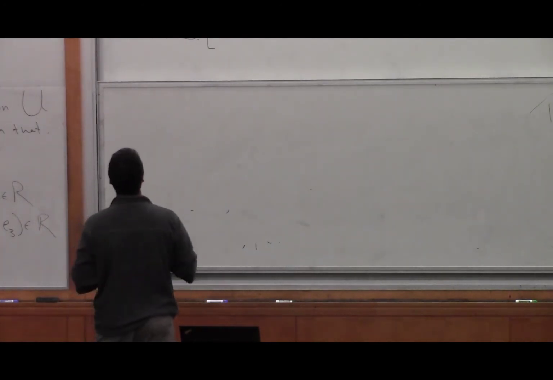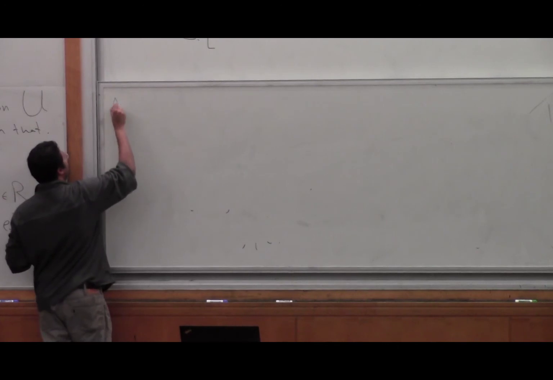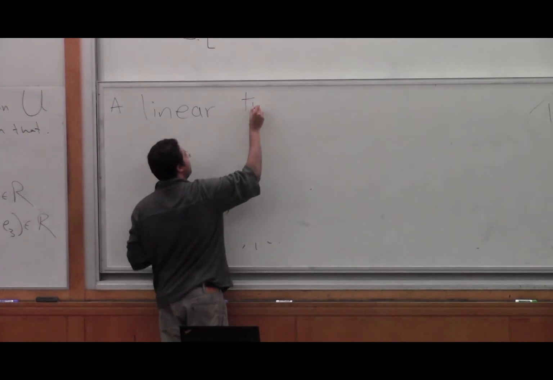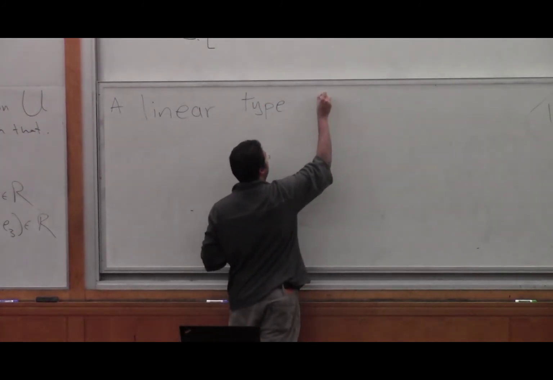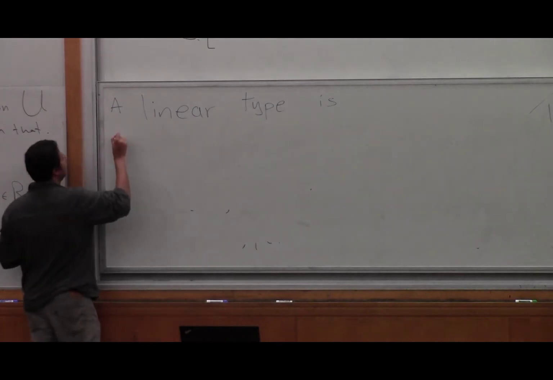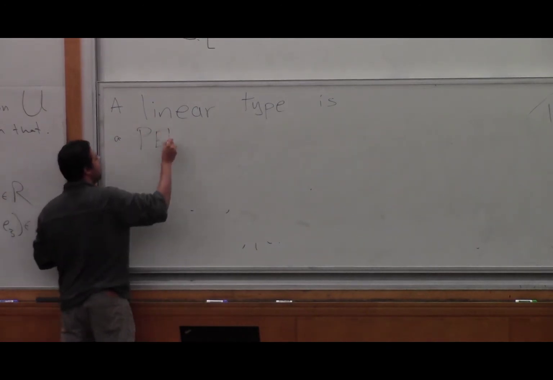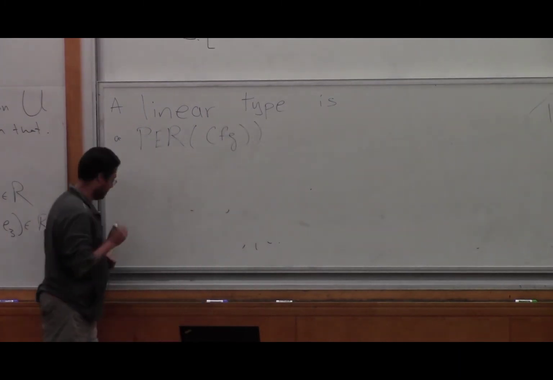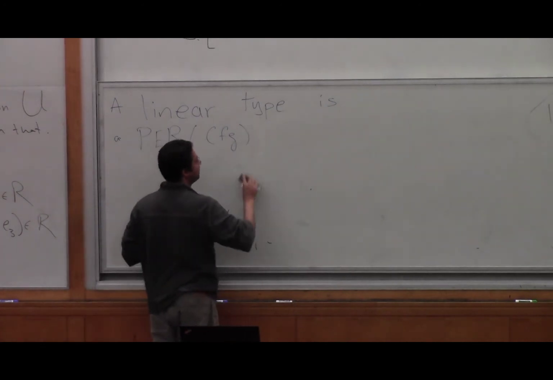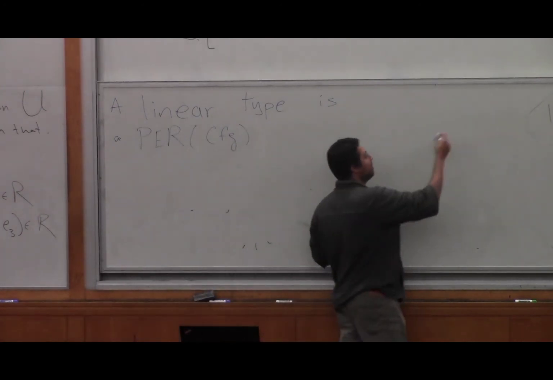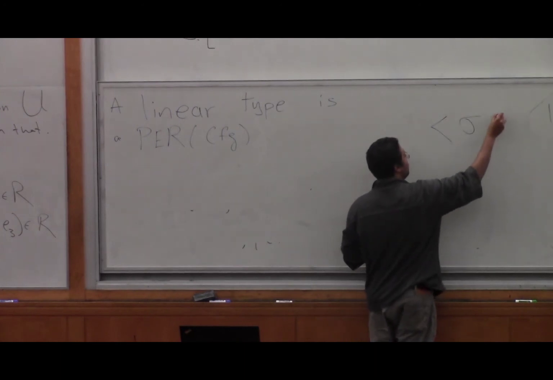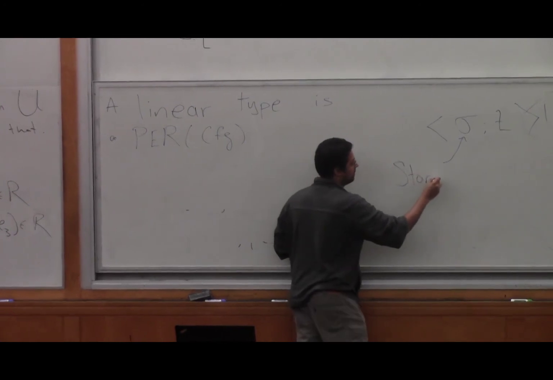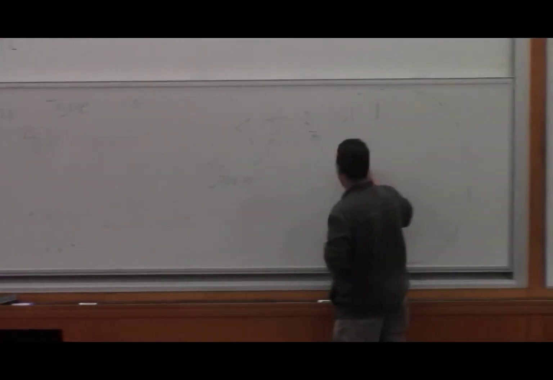We're going to say a linear type is a PER on machine configurations. That's an extra paren. And recall that a machine configuration is a pair sigma, t, where sigma is a store and t is a linear term.